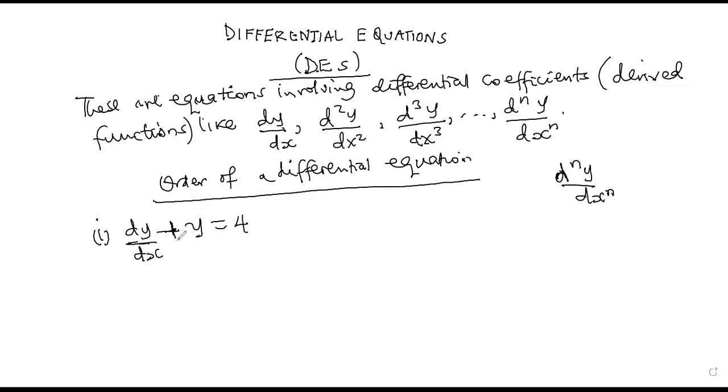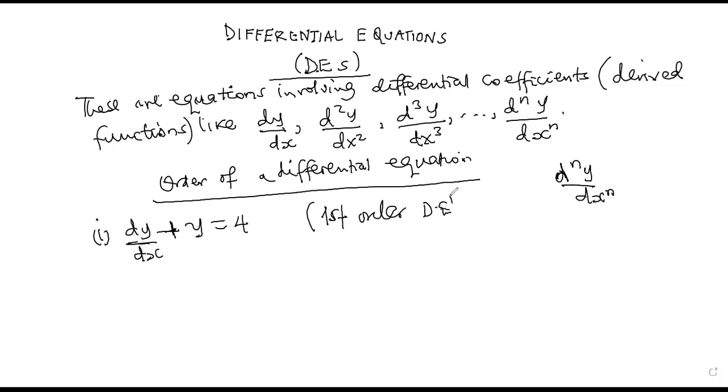This is a differential equation with the derivative dy/dx, but we don't have any other derivative, such as d²y/dx², etc. So if we have dy/dx + y = 4, the order n of the highest derivative is still dy/dx. So we say that this is a first order differential equation.